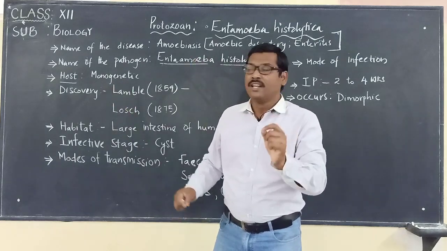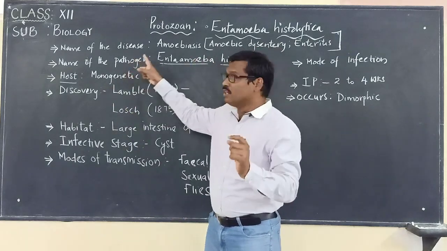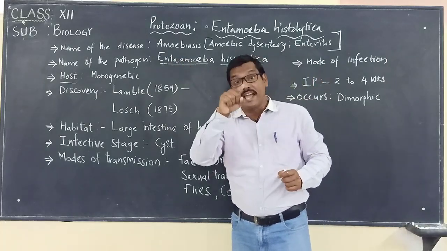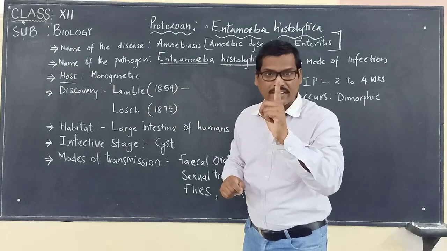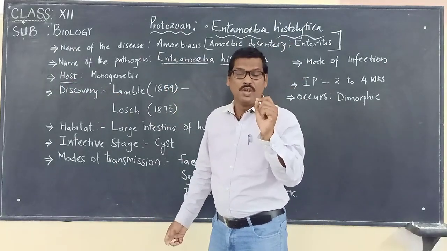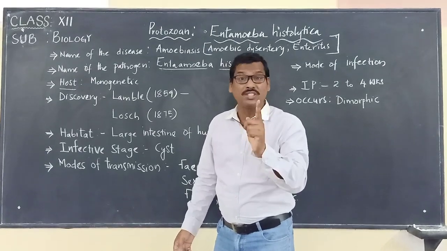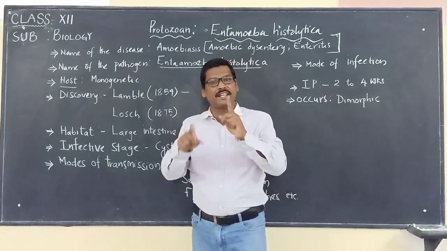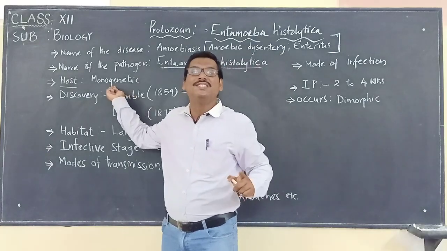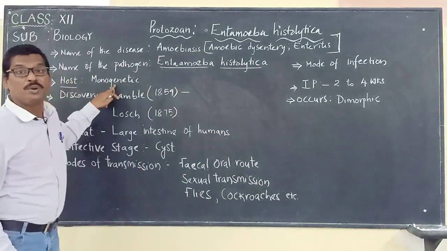So this pathogen, Entamoeba histolytica, completes its life cycle within one organism, which we call the host. Whenever a pathogen completes its life cycle within one host, we call it monogenetic.